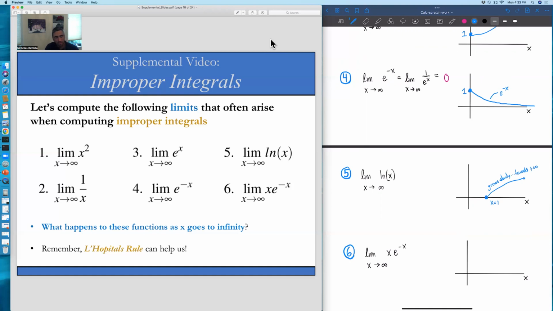So the natural log grows slowly, but it does grow towards positive infinity as x increases. Now for values between 0 and 1, the natural log actually takes a dive down towards minus infinity. So maybe it's worth putting here as well that not only does the natural log of x go to infinity as x goes to infinity, but the limit as x goes to 0 of the natural log of x is equal to minus infinity.